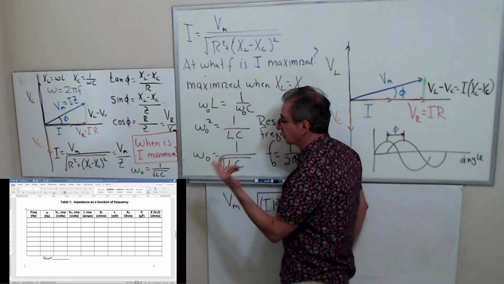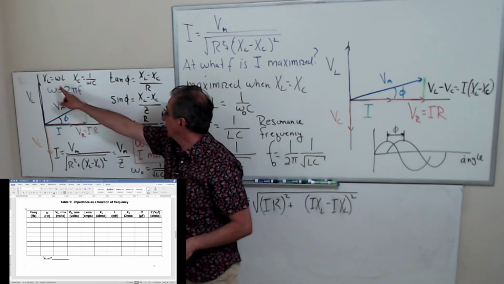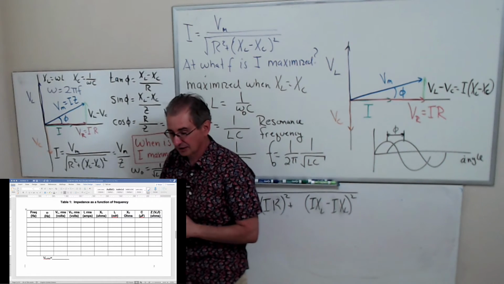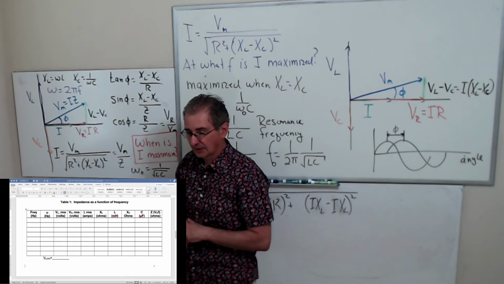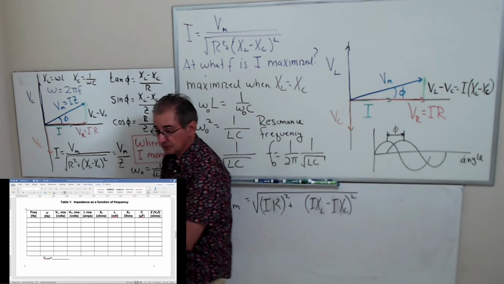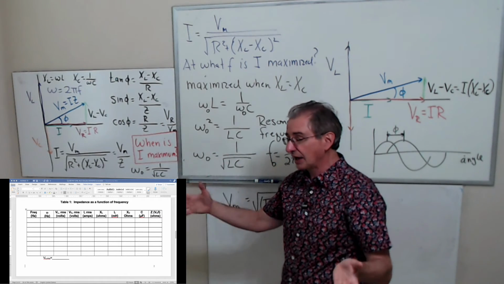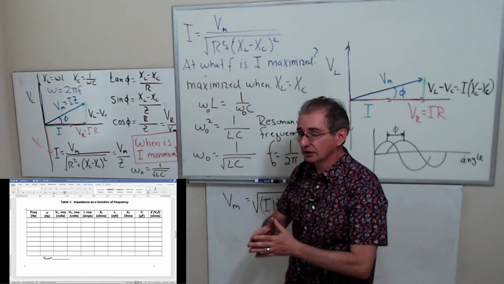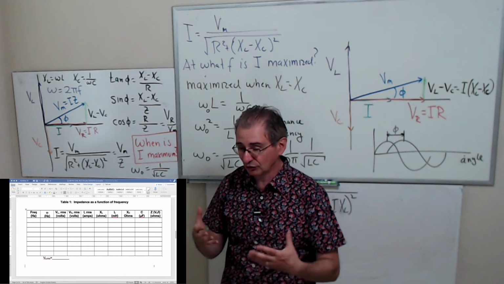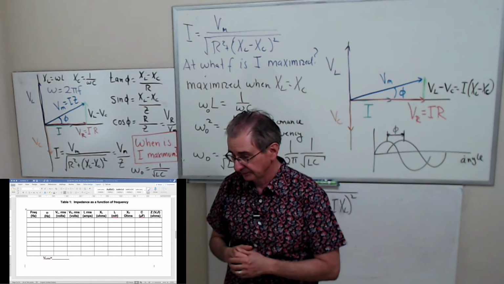How do I figure that out? Well, the voltage across the inductor is going to be this times the reactance. How do I figure out the frequency at which the voltage across the inductor is maximized? Well, then I have to do some work. I got to write the expression for the voltage across the inductor and then take the derivative of the expression with respect to omega and set it equal to 0, solve for omega.